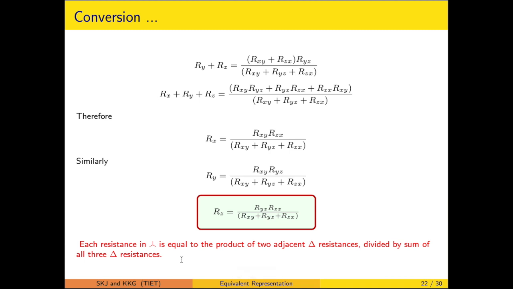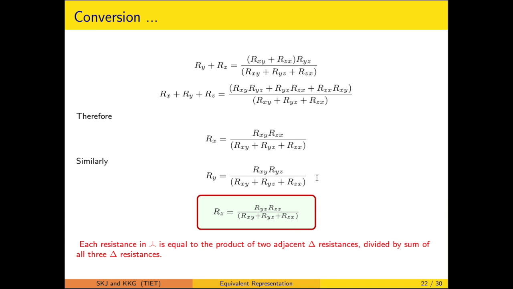As a summary, equation number 1 and equation number 4 are subtracted and Rx is obtained. Likewise, you can obtain 4 minus 2 and 4 minus 3, giving the Ry and Rz expressions.